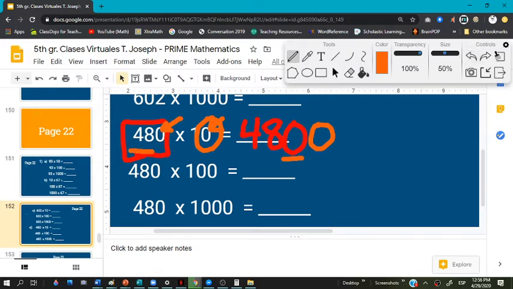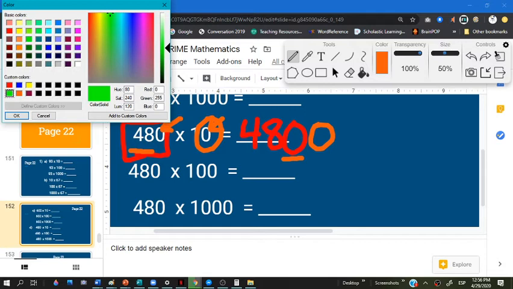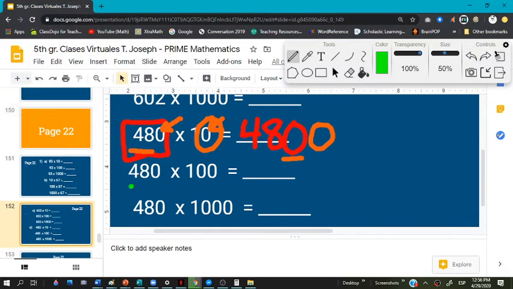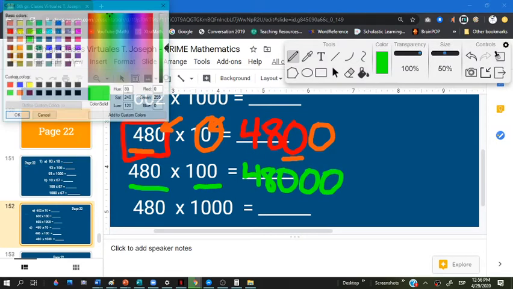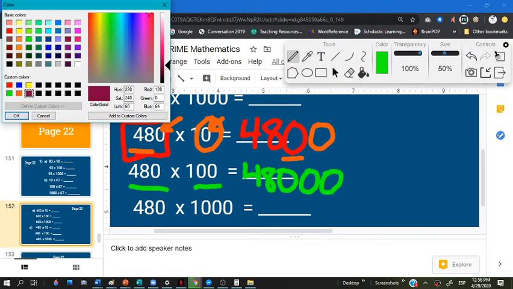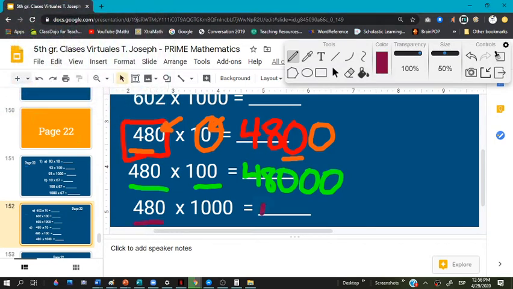What you should have got was 480 as my base number, and then I just added 2 zeros, 1, 2. For the next one, you should have had 480 as your base number, and you add those missing zeros: 1, 2, 3. So 480,000 is your answer.